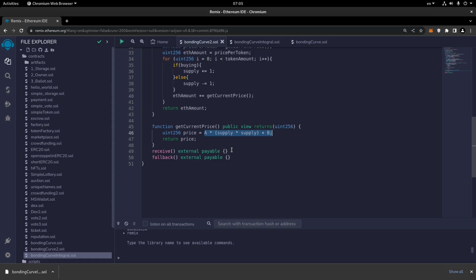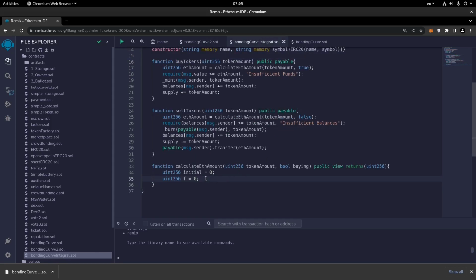It depends on the total supply at the beginning of buying or selling, and also the total supply that will become after the buying and selling. If you do not understand what I'm saying, make sure that you follow along with this part, because this is super important, and you will understand what I'm doing at the time that I'm doing it.